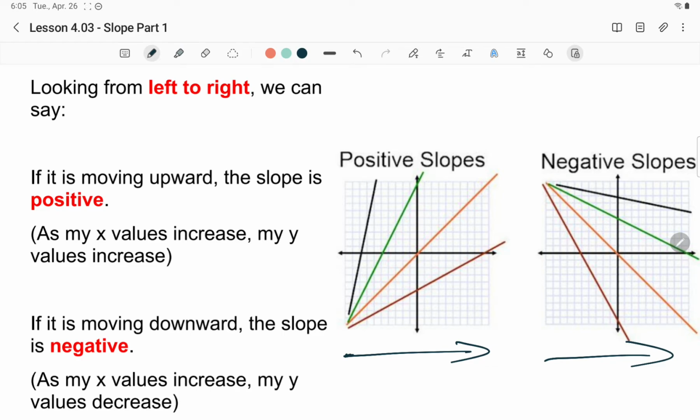Another way to think about it is as your x values are increasing, your y values are going up in these ones. And as your x values are increasing, as you go to the right, your y values are going down. So that's the idea there. I'll just do one little arrow diagram for both of them like that.